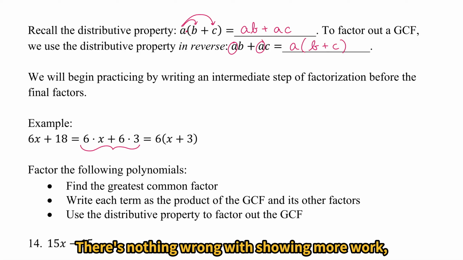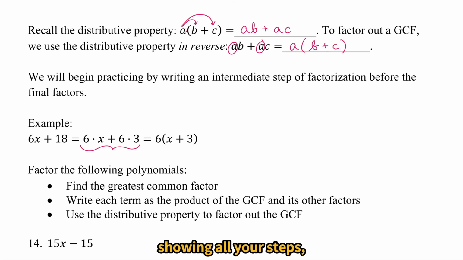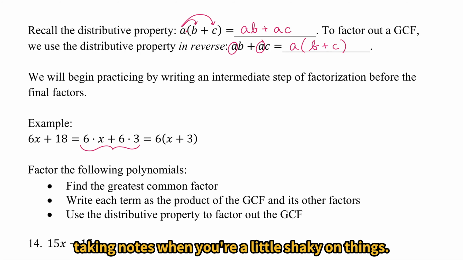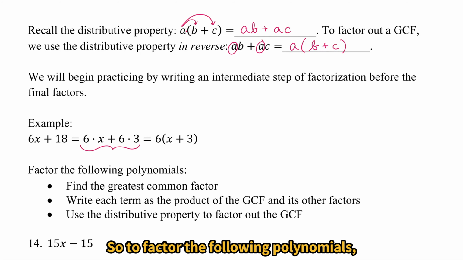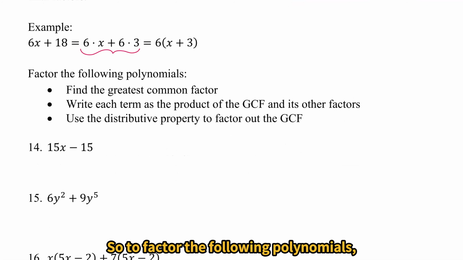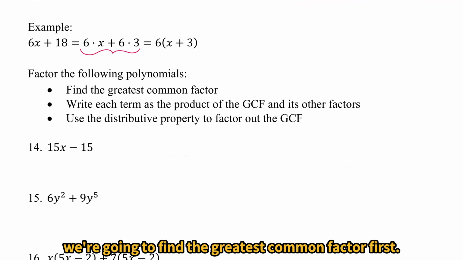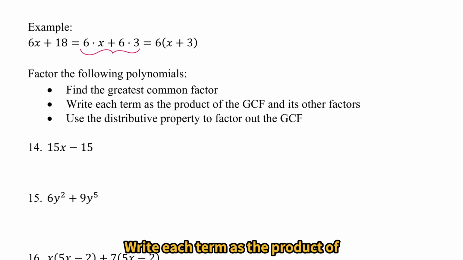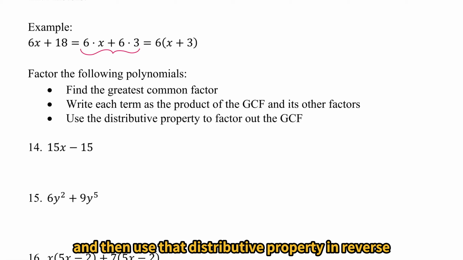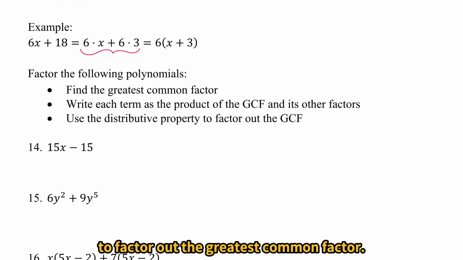There's nothing wrong with showing more work, showing all your steps, taking notes when you're a little shaky on things. So, to factor the following polynomials, we're going to find the greatest common factor first, write each term as the product of the greatest common factor and the other factors, and then use that distributive property in reverse to factor out the greatest common factor.